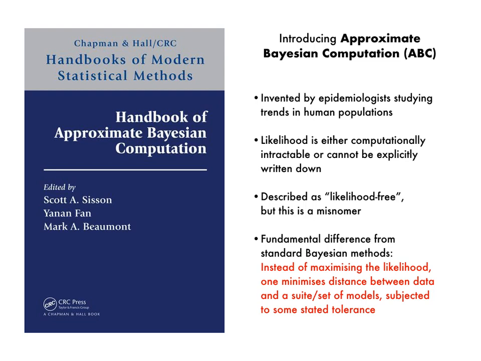And it turns out that there's a part of the literature that thinks the same thoughts, and this is called approximate Bayesian computation. This is a branch of applied statistics that was invented by epidemiologists studying trends in human populations.